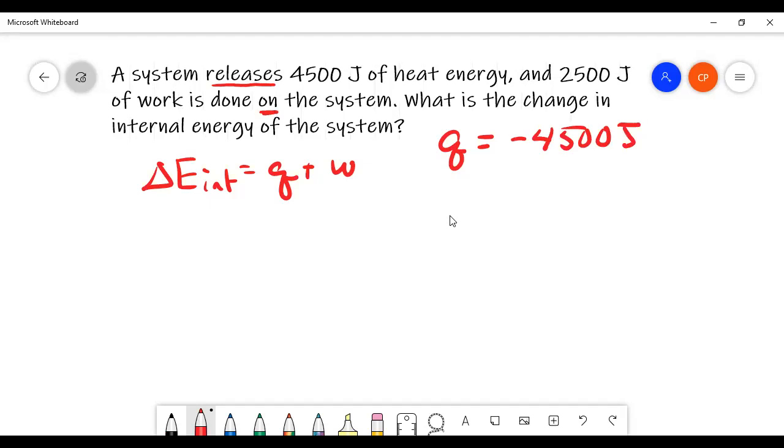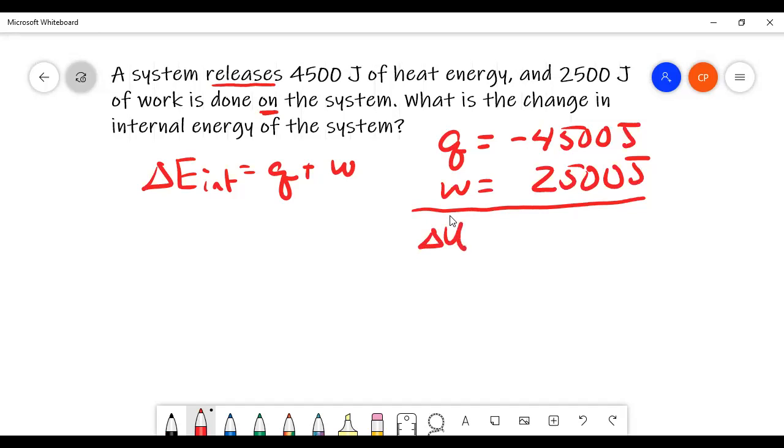And our sign conventions tell us that when work is done on the system, that corresponds to a positive value of W. So the heat energy that's released overwhelms the work done on the system, and the internal energy change in the system, see, I just did it again, very naturally go for delta U, the internal energy change in the system is negative. And that's the answer, and that's all there is to the problem.